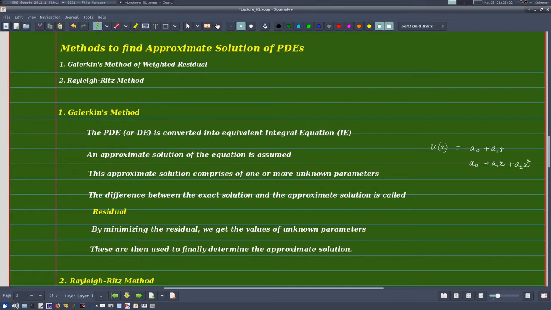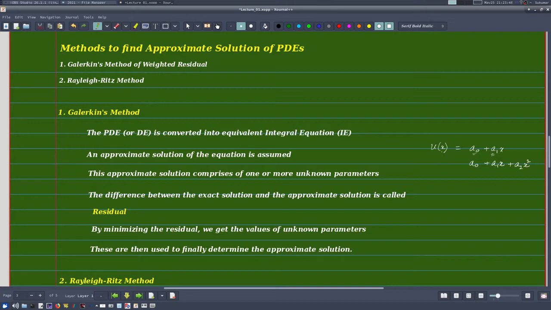In this approximate solution, a0 and a1 are my unknowns. Since it is an approximate solution, it will be different from the exact, true solution.